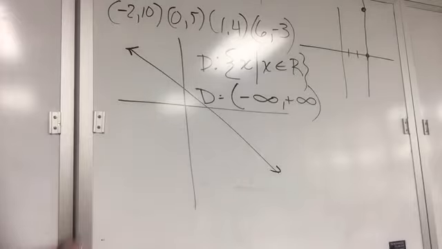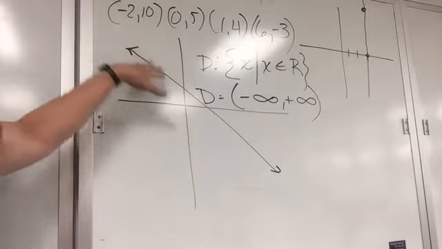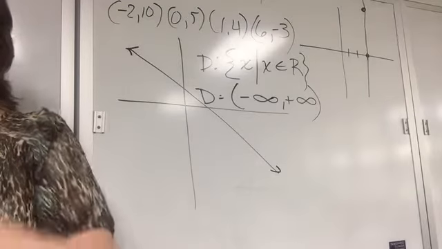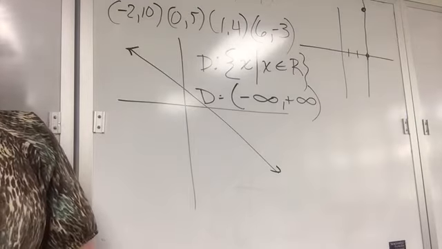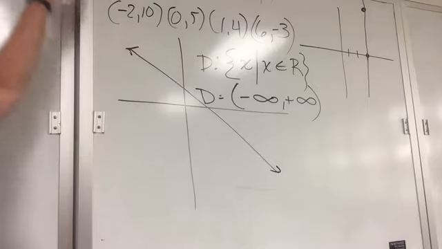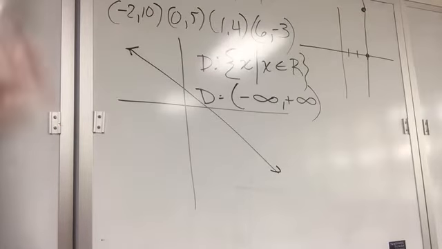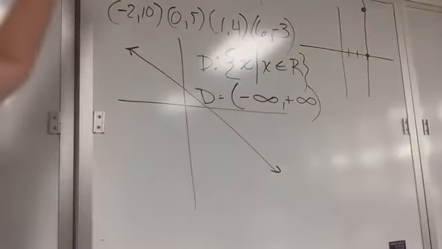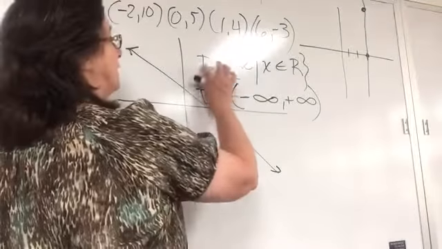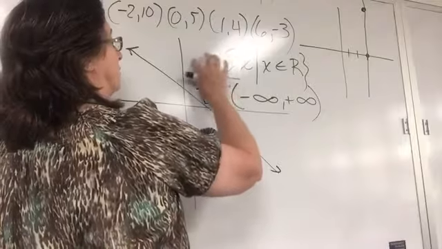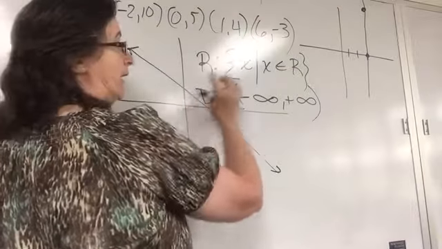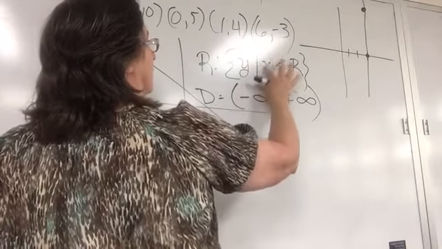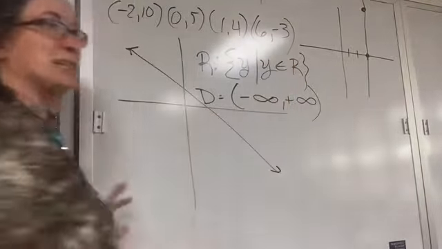So if my domain is the set of all real numbers, isn't my range also the set of all real numbers? Can't my y keep on going? The height of my points is going to keep on going down and up. To get to the range, all I have to do is change my x's to y's.